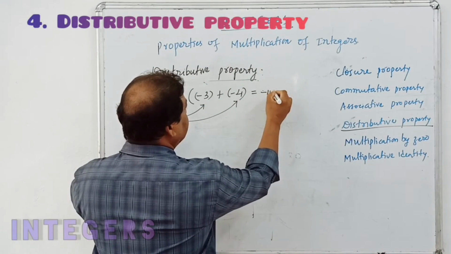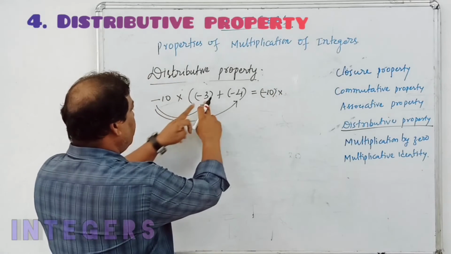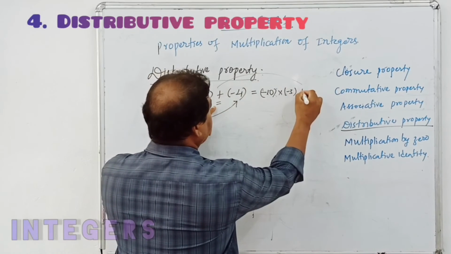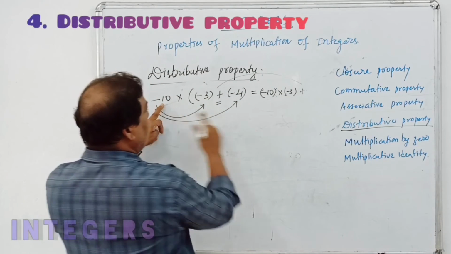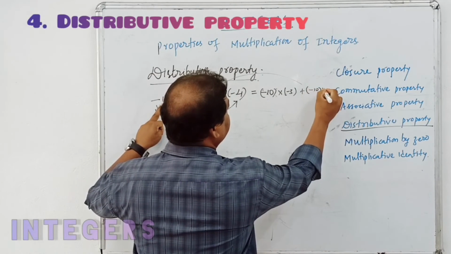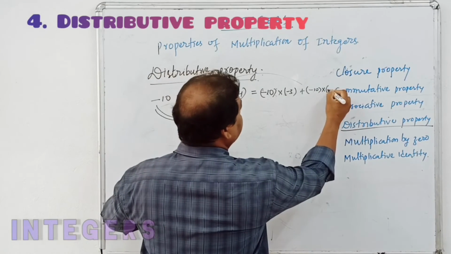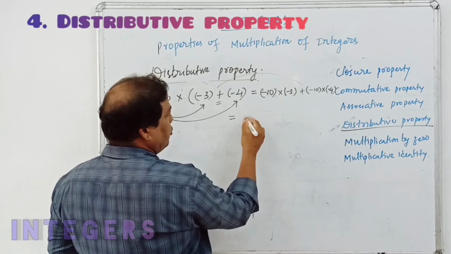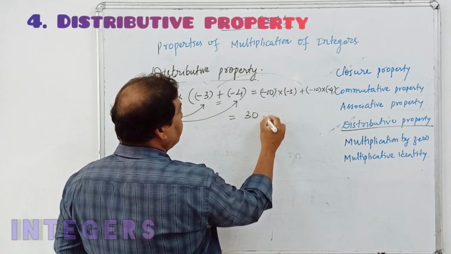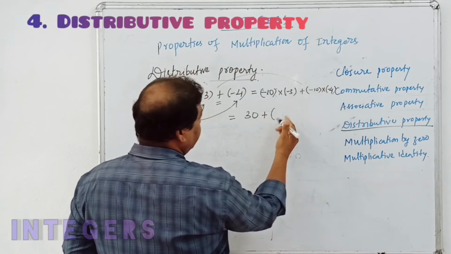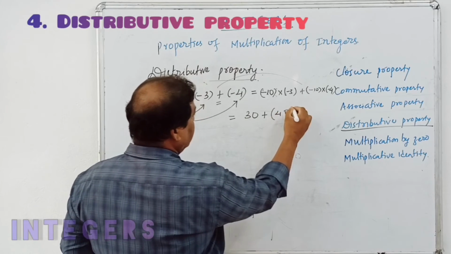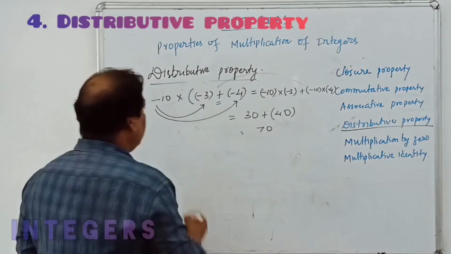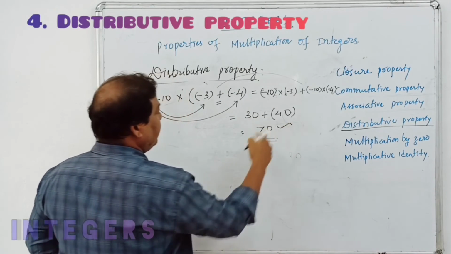Then you put a plus sign here. Negative times negative is positive: 10 threes are 30, plus negative times negative is positive, 10 fours are 40. That means 30 plus 40, that will be 70. So in the RHS we get 70.